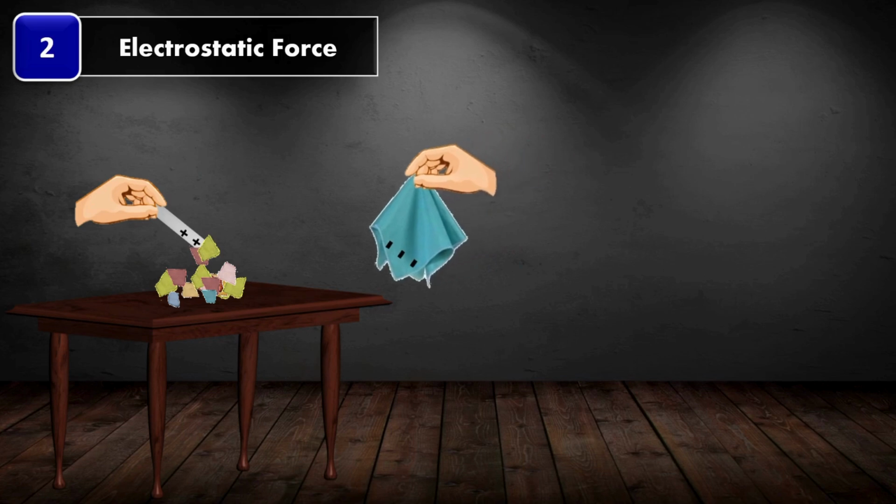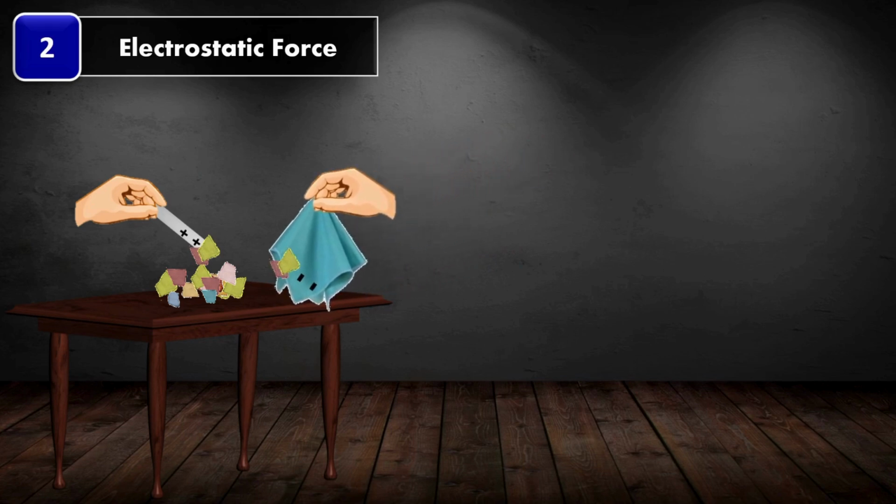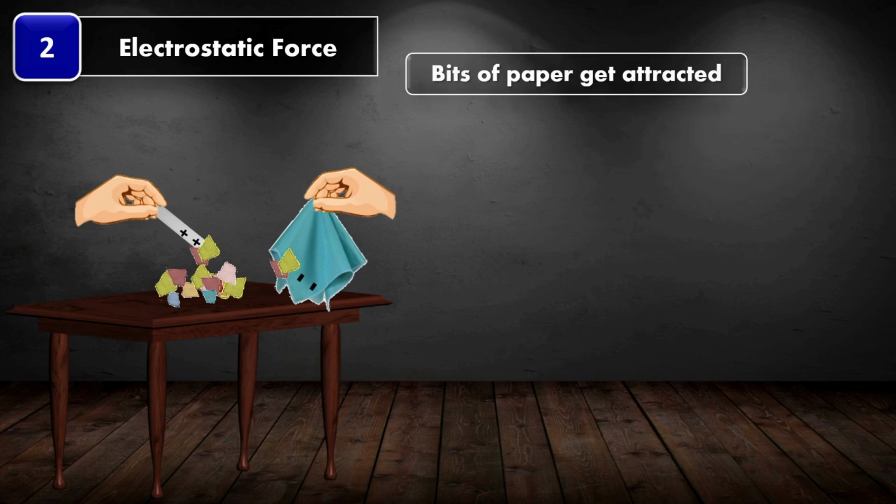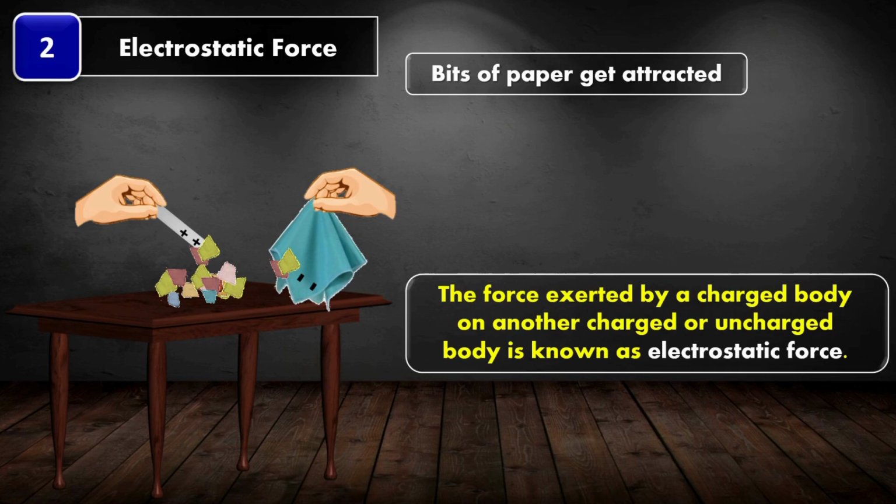The rod is now positively charged and the silk cloth is negatively charged. So bits of paper now get attracted. The force exerted by a charged body on another charged or uncharged body is known as electrostatic force.